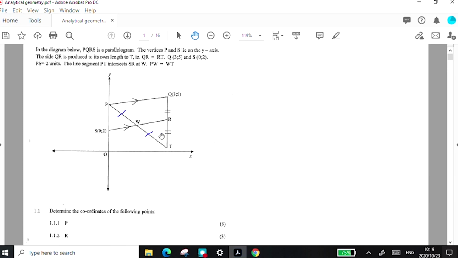Now, we are given that PS is equal to 2 units. That is, the distance from P to S is 2 units.